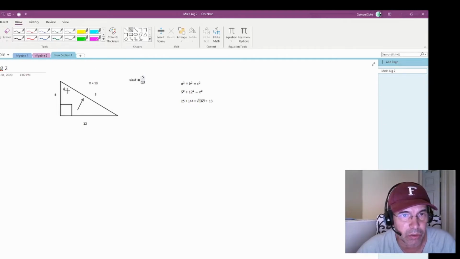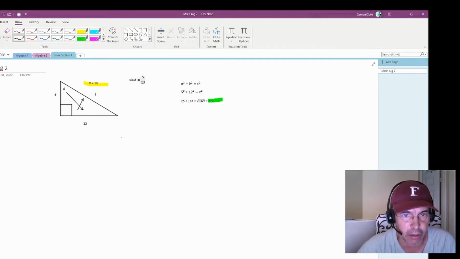You can show the sine by showing opposite over the hypotenuse. You can highlight anything that you want in any particular color that you're interested in doing.